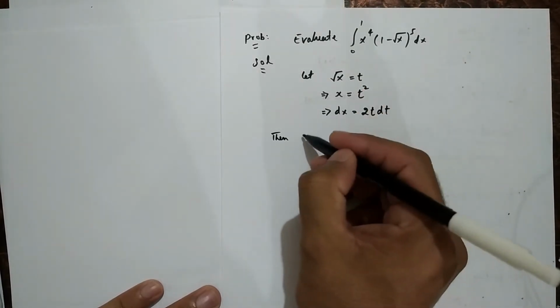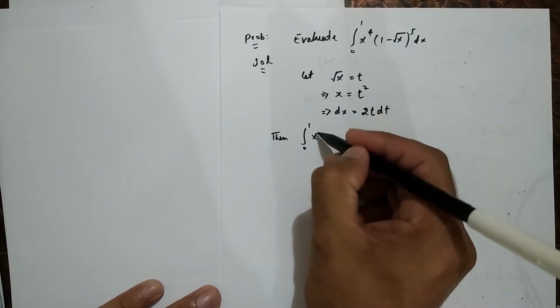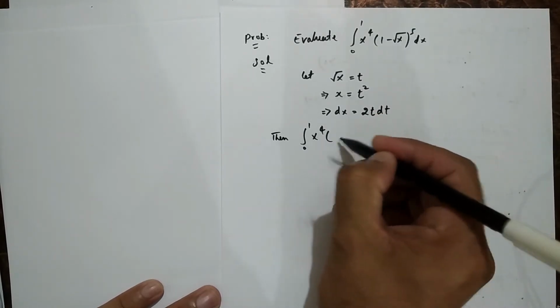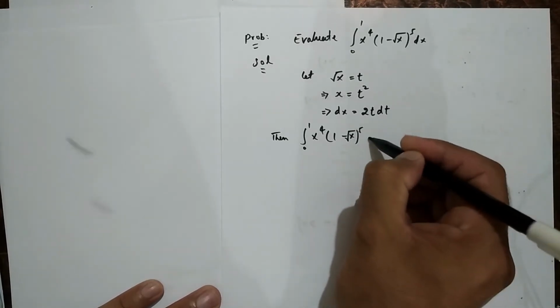The integral which is given to us is the integral from 0 to 1 of x to the power 4 into (1 minus √x) to the power 5 dx.